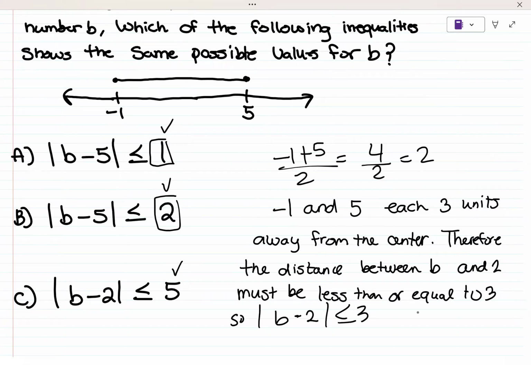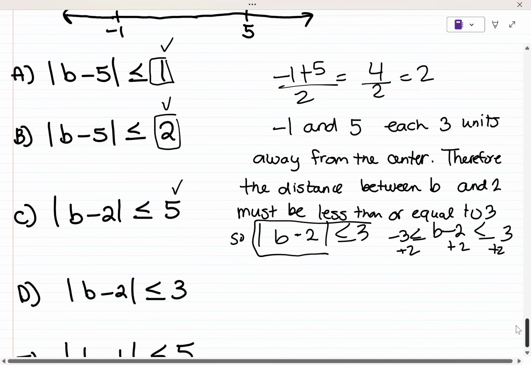And then what you could do is set it up like this: -3 is less than or equal to B minus 2, which is less than or equal to 3. And then when you actually solve for B, we'd have to add 2 here, add 2 there, add 2 there. So that's how I know this is correct. So the correct choice will be letter D.